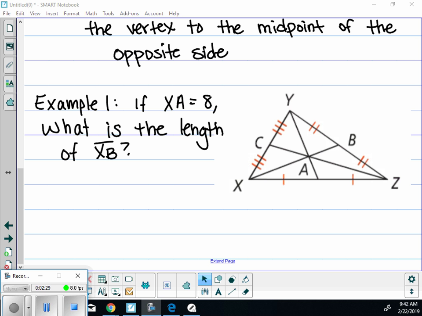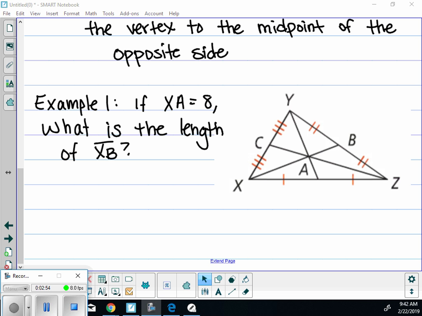That means that A is the midpoint. YB is congruent to BZ, so that B is the midpoint. And XC is congruent to CY, so C is a midpoint. So we have three segments that go from a vertex to the midpoint of the opposite side. So we're dealing with medians. If we're dealing with medians, we're dealing with the centroid.